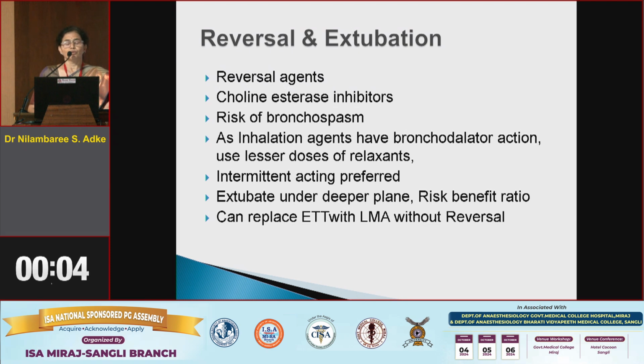Then you should deepen the level of anesthesia as these agents cause direct bronchodilation. Then extubate under deeper planes of anesthesia. But here deeper planes means you should first see the BP and only then increase the sevoflurane concentration. And you can replace the ETT with an LMA before extubation, so that will help you to extubate smoothly.